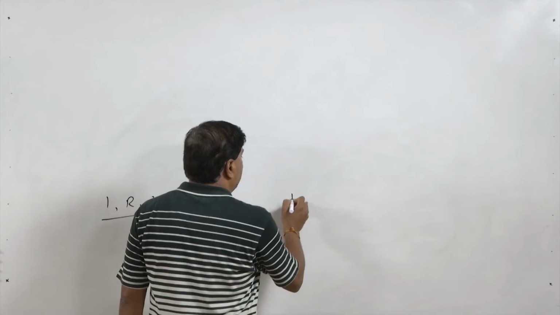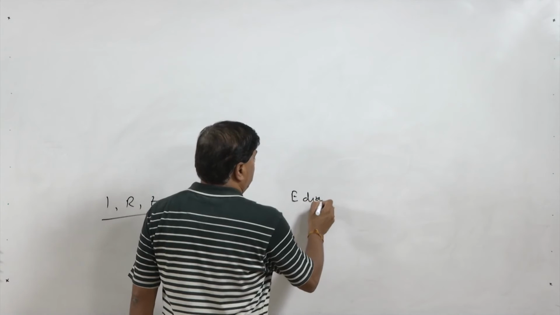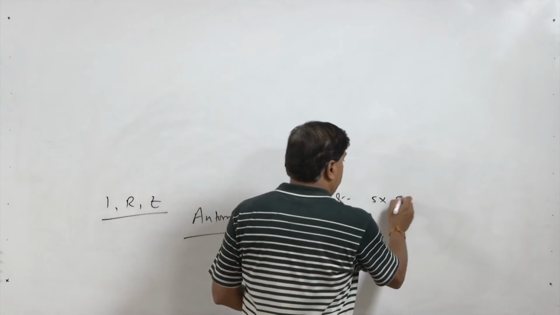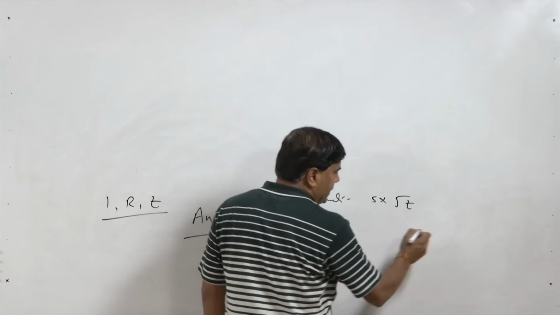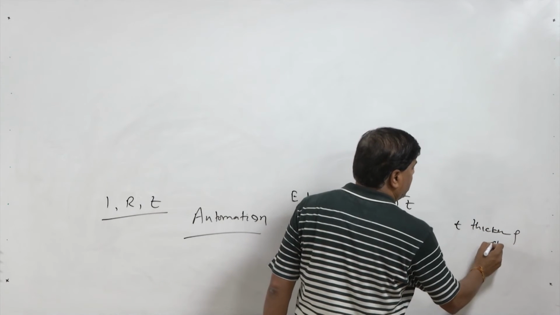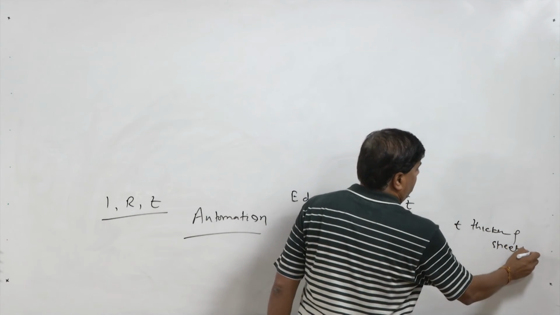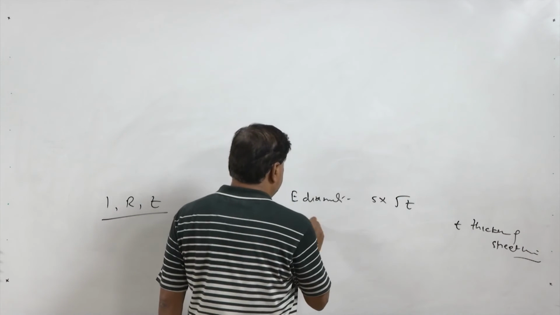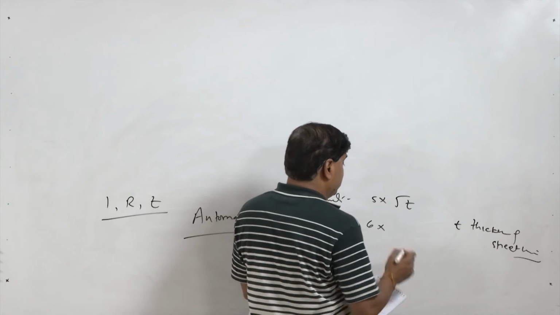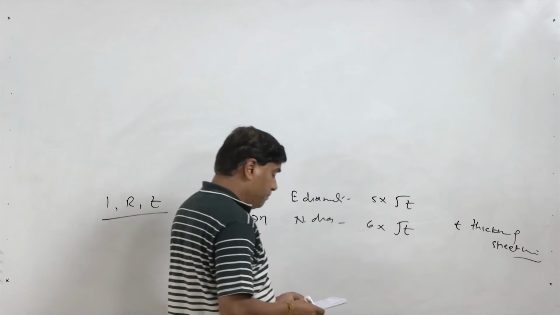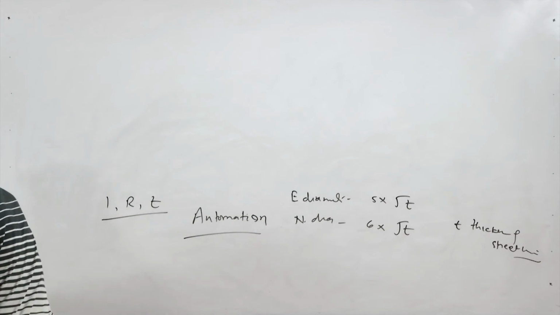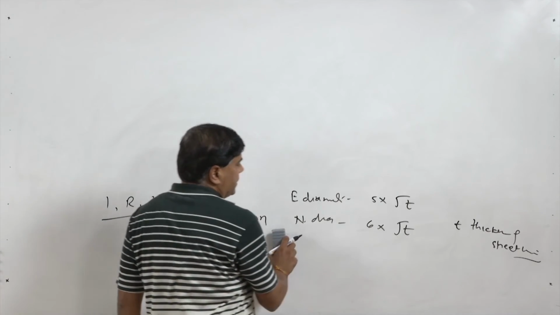The electrode diameter requirement is 5 times the root of the thickness, where t is the thickness of the sheet in mm, and the nugget diameter is 6 times the root of the thickness of the plate. So this is about the requirement side.